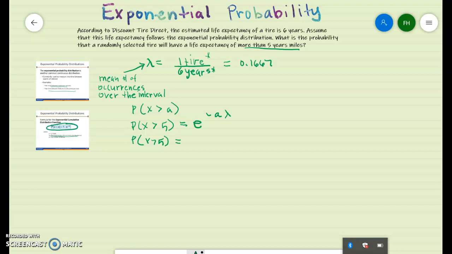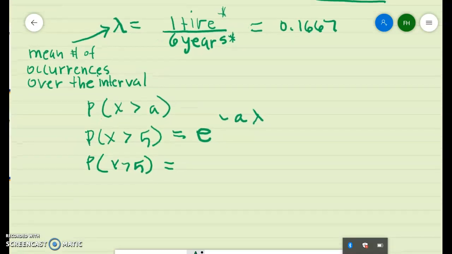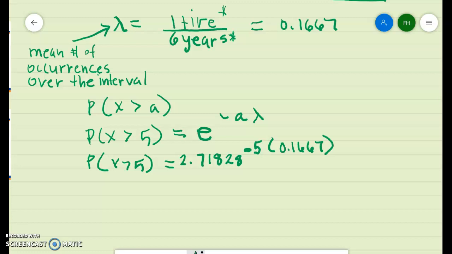So when we're doing E, if you look in the PowerPoint, we're going to use 2.71828, and then the negative A, we know A is 5, and then the mean over the interval is 0.1667.